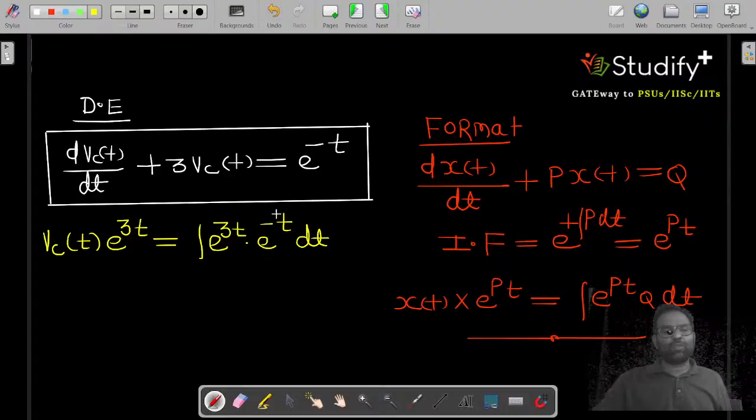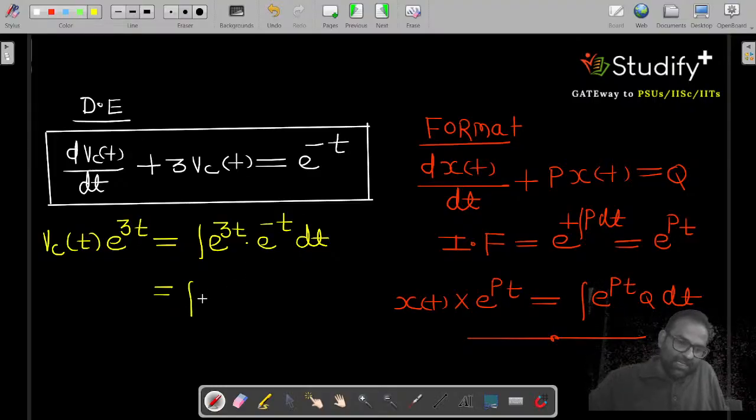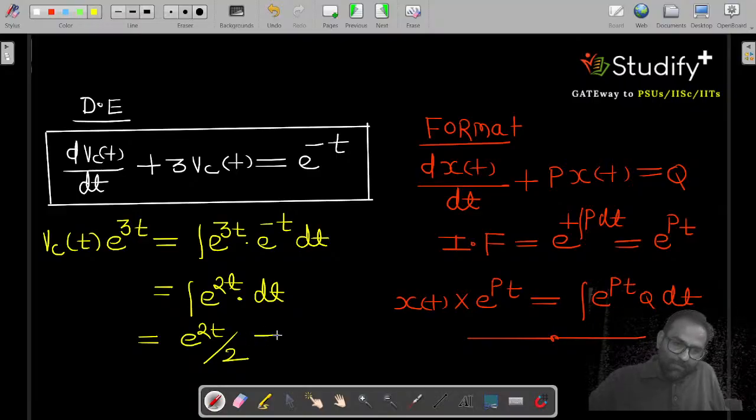When I solve this, it is e to the power 2t, since 3t minus t is 2t, into dt. And when I solve this, it is e to the power 2t divided by 2 plus one constant of the indefinite integral.